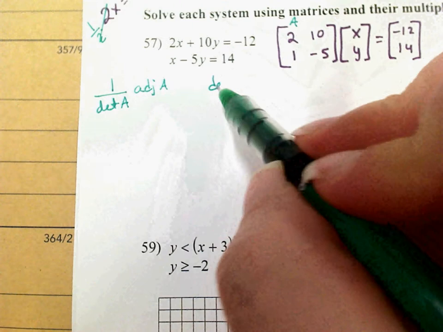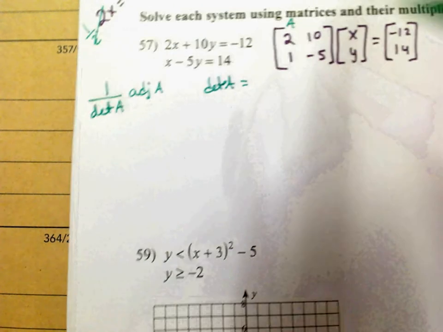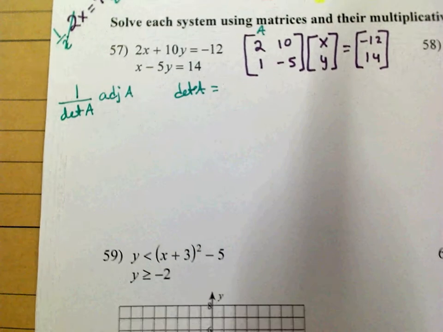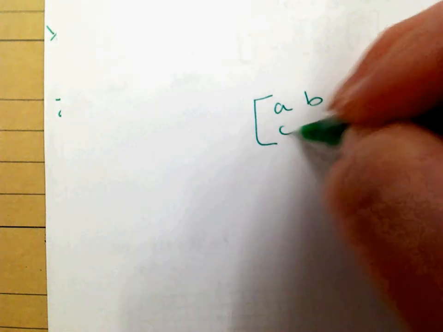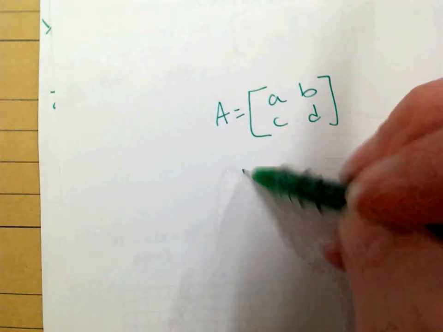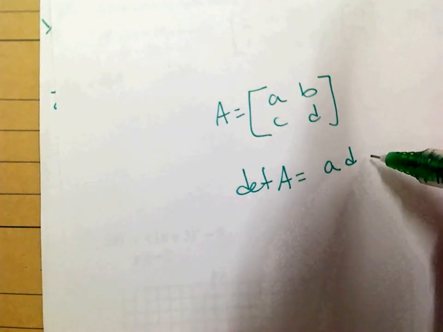Okay. I'm going to tack on a piece of paper. Huh? Oh, I'll show you. So if I've got A, B, C, and D, and that's matrix A, then the determinant is A times D minus B times C. Yeah?